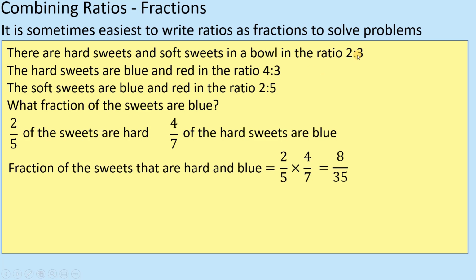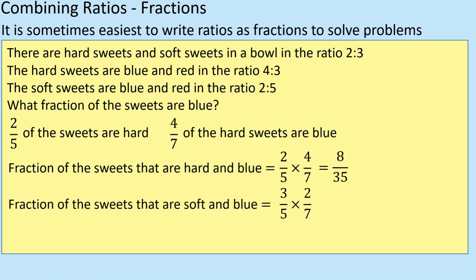So I'll say that again. 3/5 are soft, and 2/7 are blue. Those are the numbers we're going to use. So 3/5, soft, and 2/7 of them are blue. Again, because we said "of", it's multiply. So we've got 6/35. We've now got the sweets which are blue.